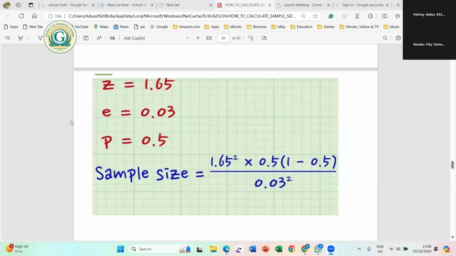Please, I want to find out how you got the confidence level of 90. Oh, that's what I just explained. Can someone help her? She wants to know why we got a confidence level of 90, or why we are saying that it is 90%. Can someone tell her? You can just unmute yourself and talk if you want to help her out.